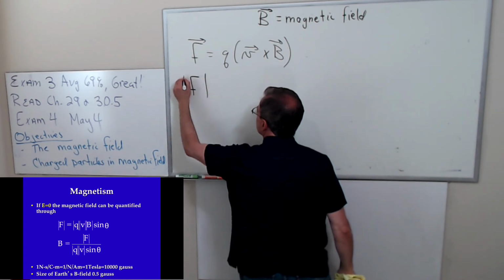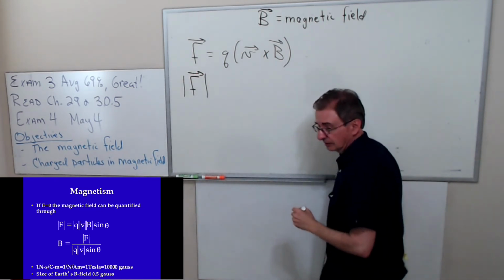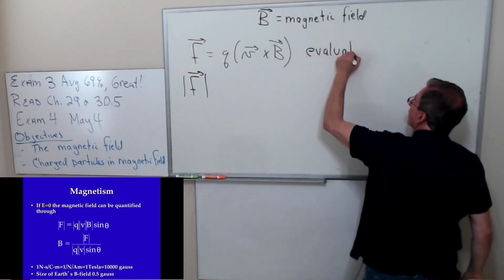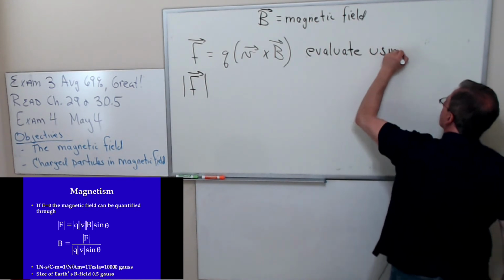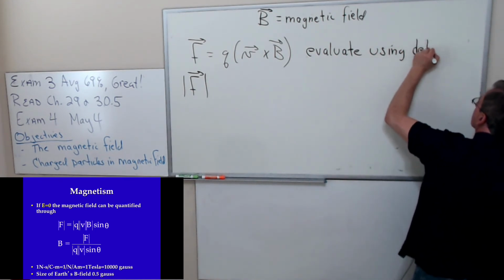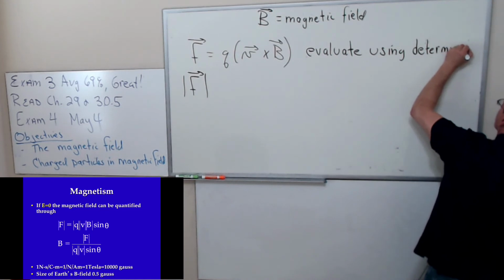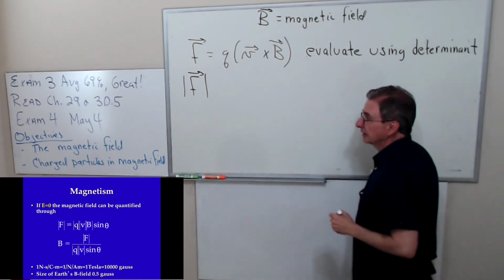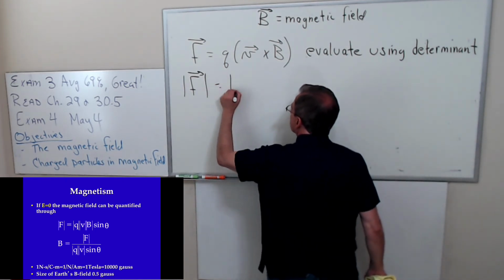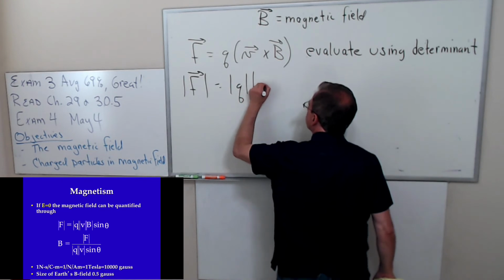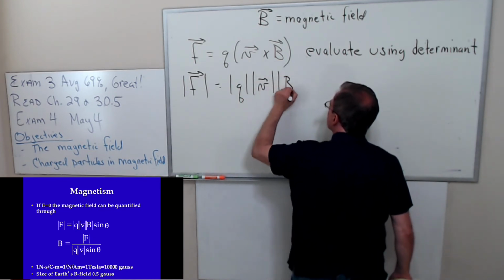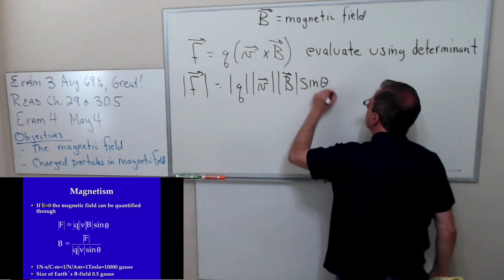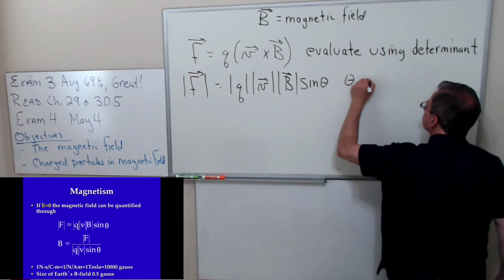This is a cross product. You guys remember how to evaluate a cross product? You did this in 205? Okay. So the magnitude is going to be the magnitude of Q times the magnitude of V times the magnitude of the magnetic field times sine of theta, the angle between V and B.